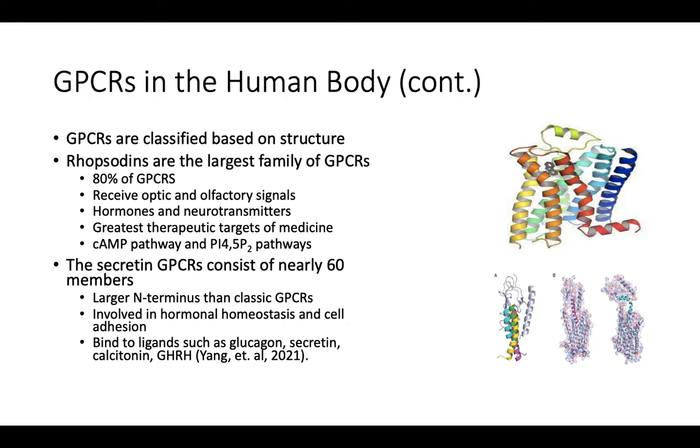They're chemical messengers. And these are involved in cell adhesion as well, so they help with the cells having a certain structure in our body. Some of the most important ligands that bind to these GPCRs are glucagon, secretin, and calcitonin, along with growth hormones.